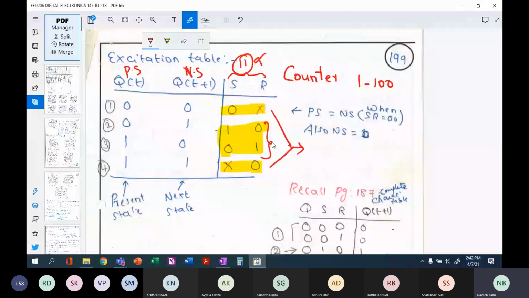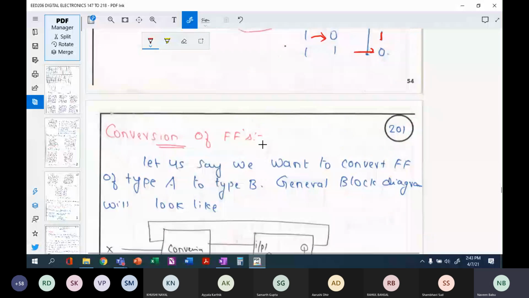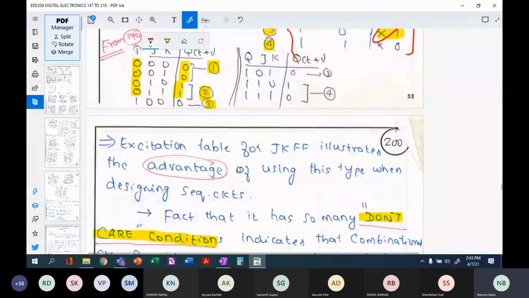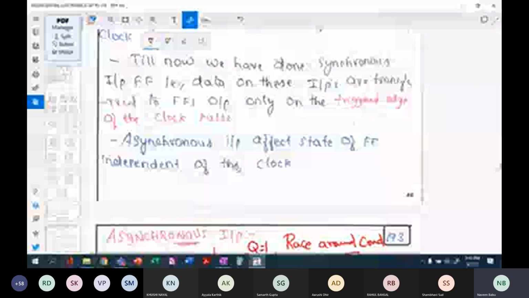So next, we have almost time to conclude our class, but I will touch upon something and then we will stop here. Now, why did we do all these things? Because we did an example of converting one flip-flop to the other flip-flop, that is T flip-flop to D flip-flop.